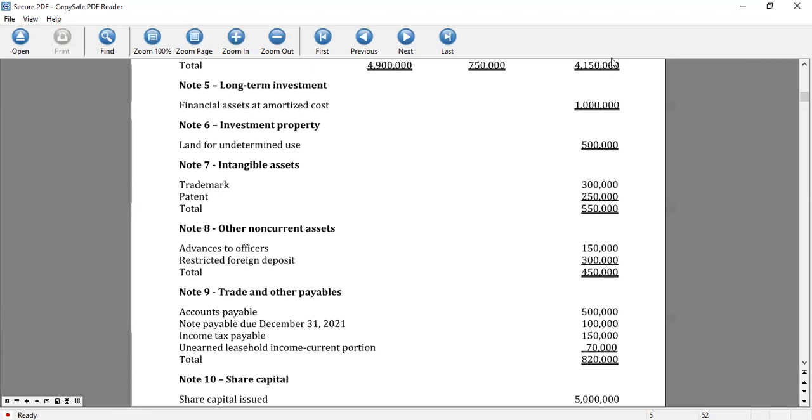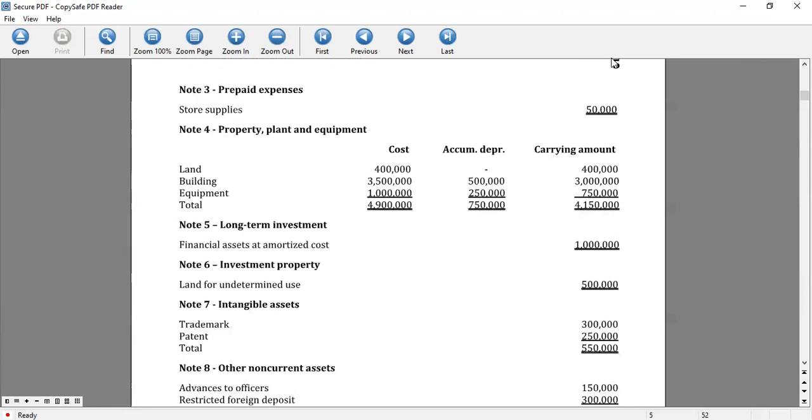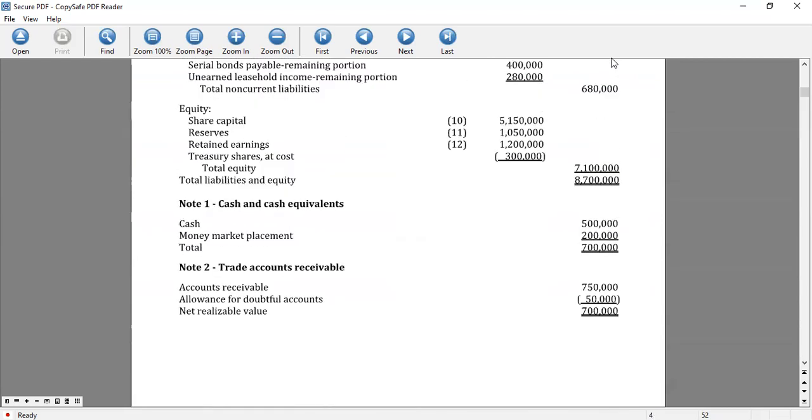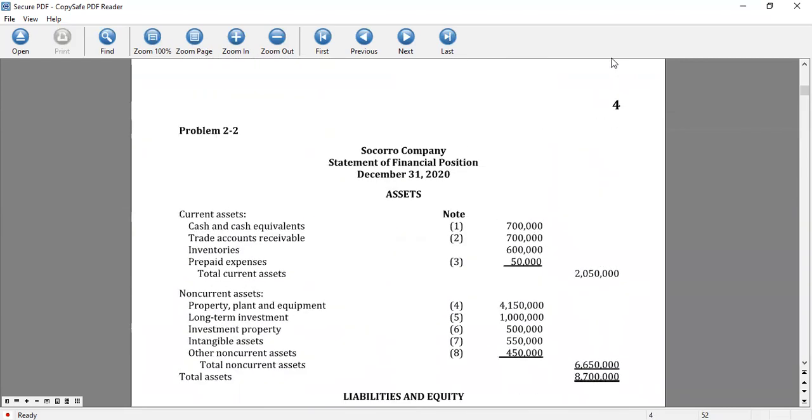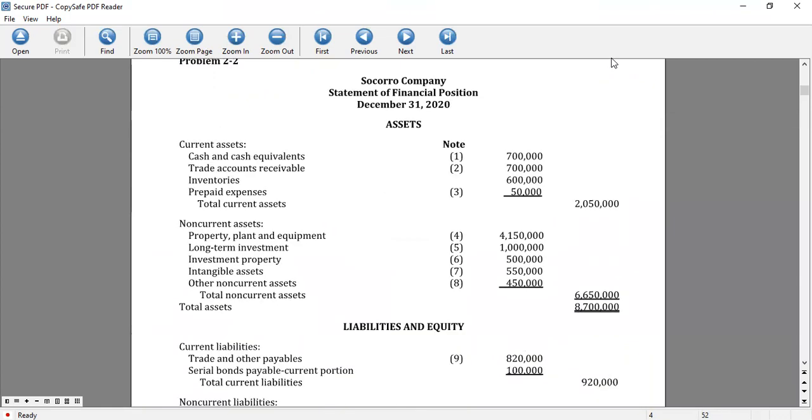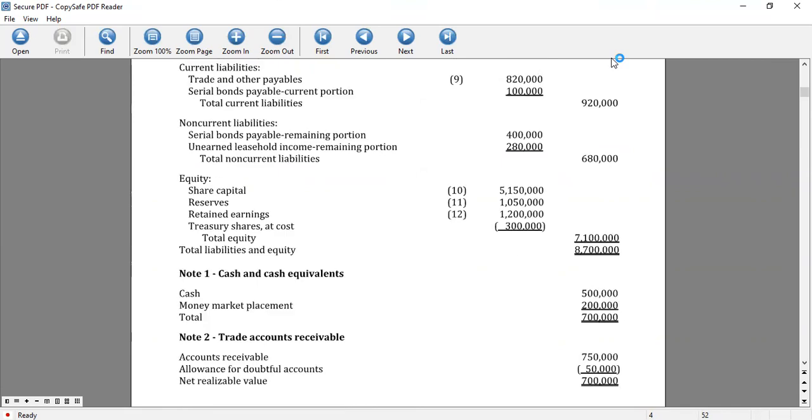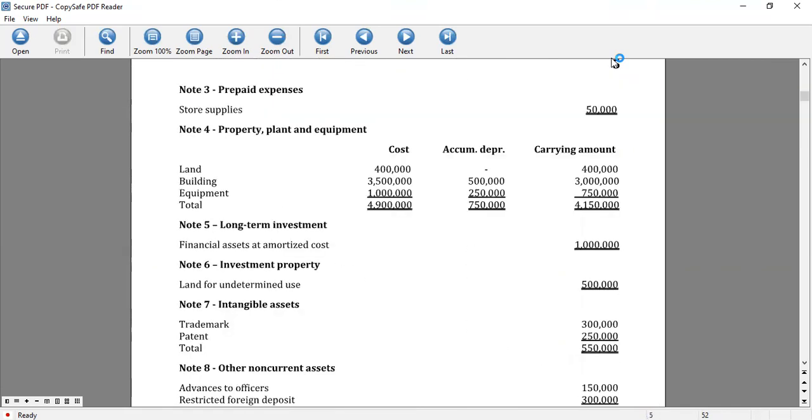So the current liabilities now, the total of the trade and other payables, the total of the current liabilities amounting to 920,000. The trade and other payables as shown in note number 9.